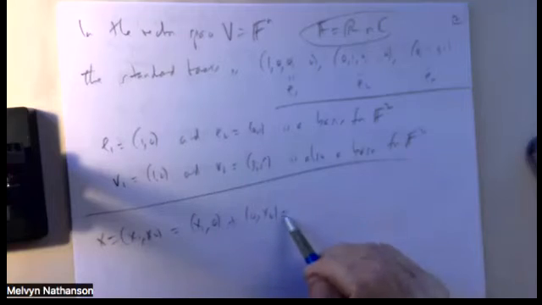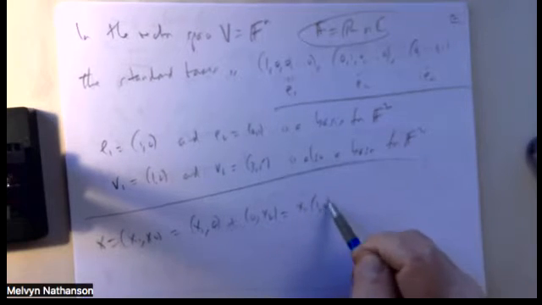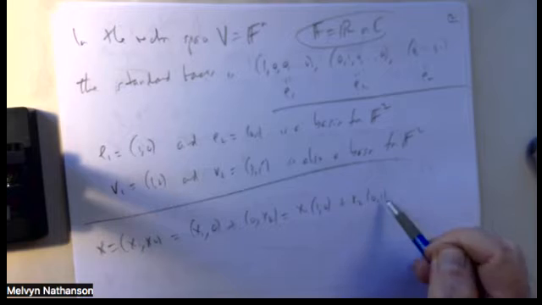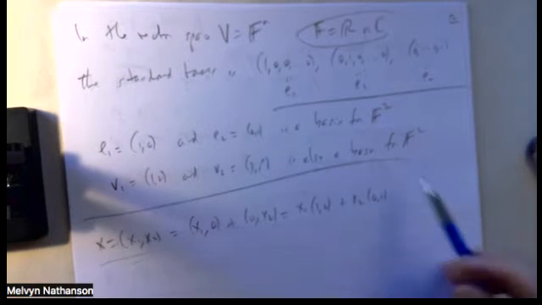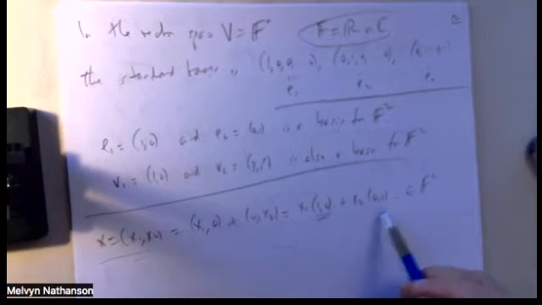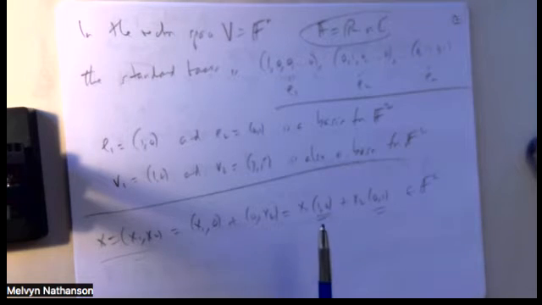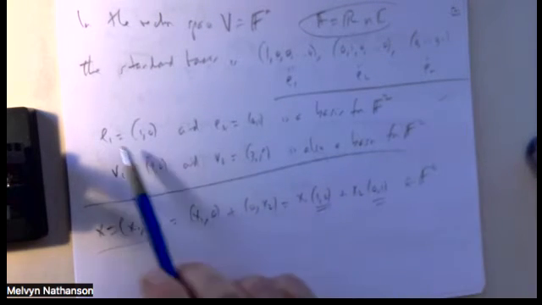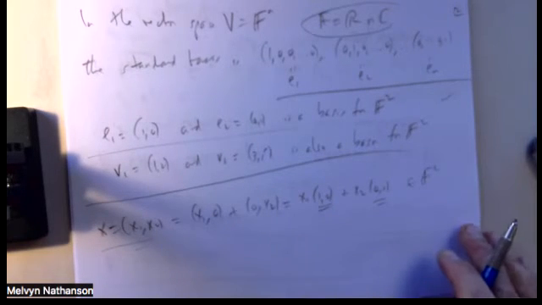And (x1, 0) is x1 times (1, 0), and (0, x2) is x2 times (0, 1). So an arbitrary vector in F2 is a linear combination of (1, 0) and (0, 1). So it's easy to check that this list of two vectors is a basis.